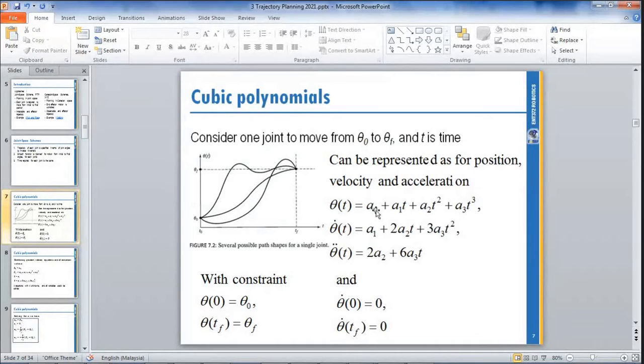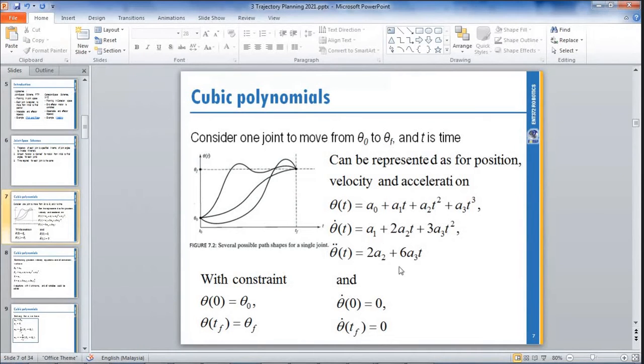Then t power of 1: the 1 goes in front, multiplied with a1, and t power of 1 minus 1 is 0, so you get a1. Then 2 goes in front, you get 2a2, t power of 2 minus 1 gives t. Then 3 goes in front, so 3a3, t power of 3 minus 1 equals 2. So this is the equation for velocity.